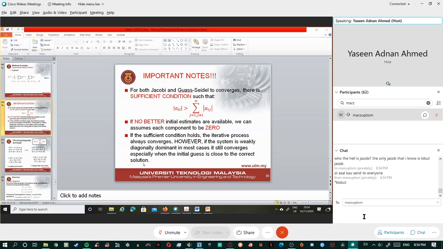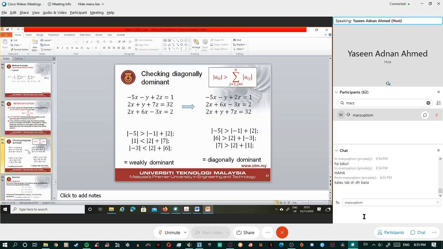It means we are doing the iteration, but whether it will converge depends on this condition. If the matrix is diagonally dominant, then it converges. If it is not, then it could converge, but we have to consider a very close initial guess. So sometimes we ask students whether the condition is converging or diverging.